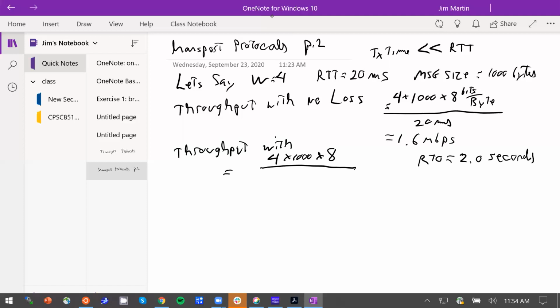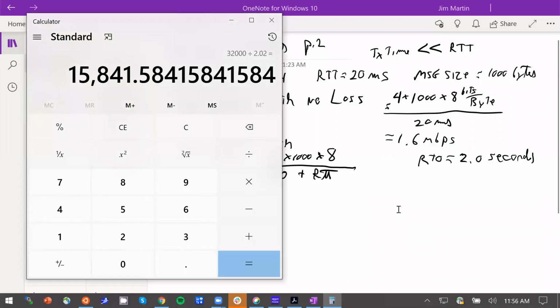So the time on average it takes to send a window of data is going to be an RTO plus an RTT. And so, cranking that through the calculator, we get the throughput reduces from 1.6 megabits per second to 15.8 kilobits per second.